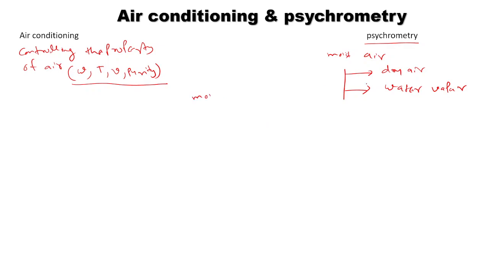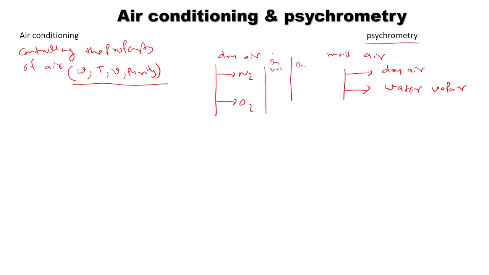Here I have written water vapor. Okay, dry air we will take. What is the nitrogen content and what is the oxygen content? 78 or 79, by volume first tell. By volume, 21% oxygen.